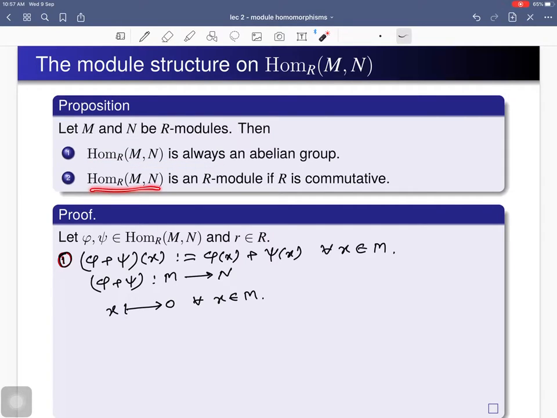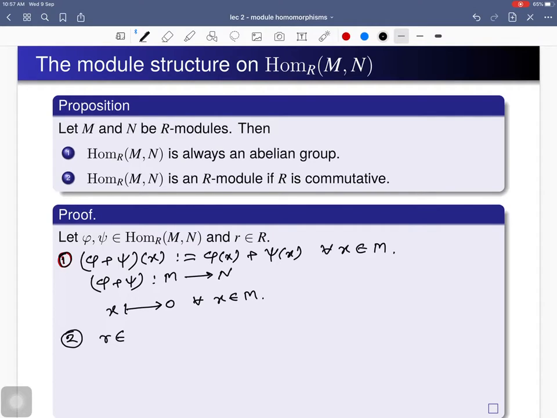The second statement says that when your base ring is commutative, then you can have something more, that means it is an R module. So in this case, when your base ring is commutative, we want to prove that we can also define scalar multiplication in some way.